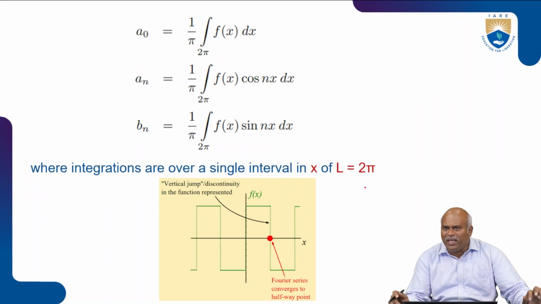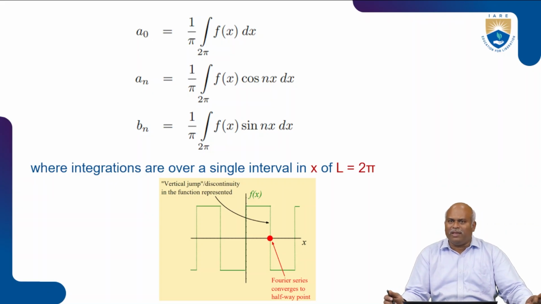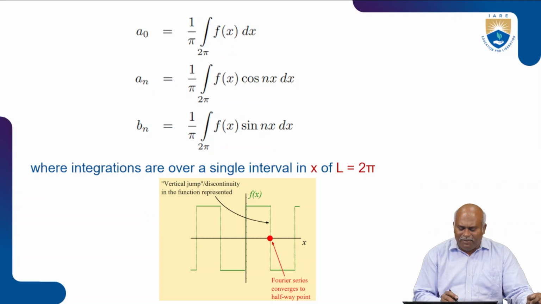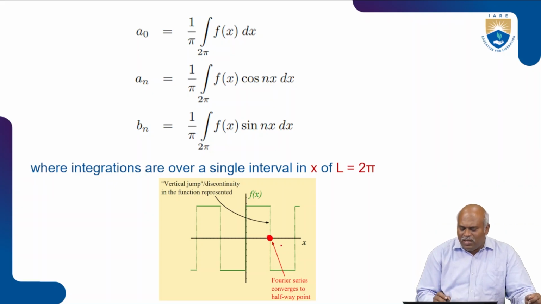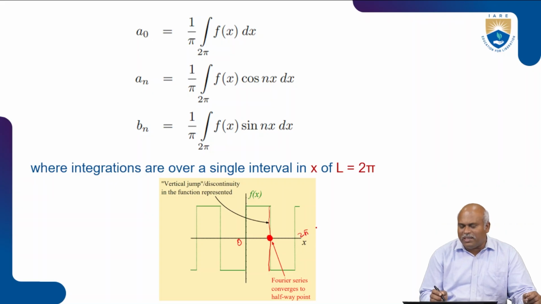The interval is L equal to 2 pi length. If we have the 2 pi length, here I take a square wave to show how it will happen over the 2 pi length. It will be represented as a vertical jump from 0 to some location, and this location is represented as 2 pi. I start from 0 and it ends at 2 pi.